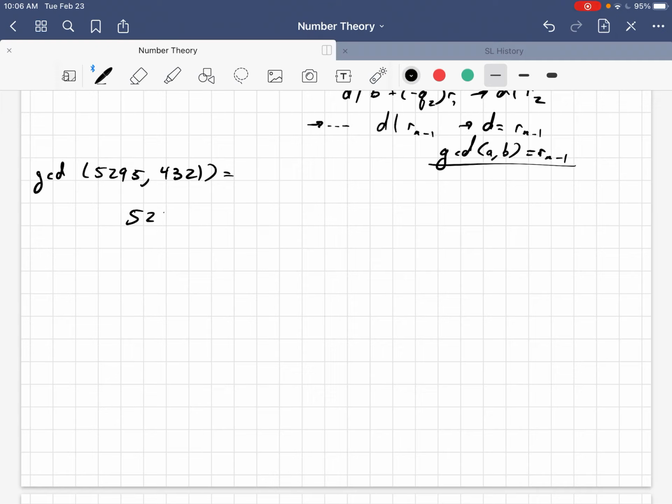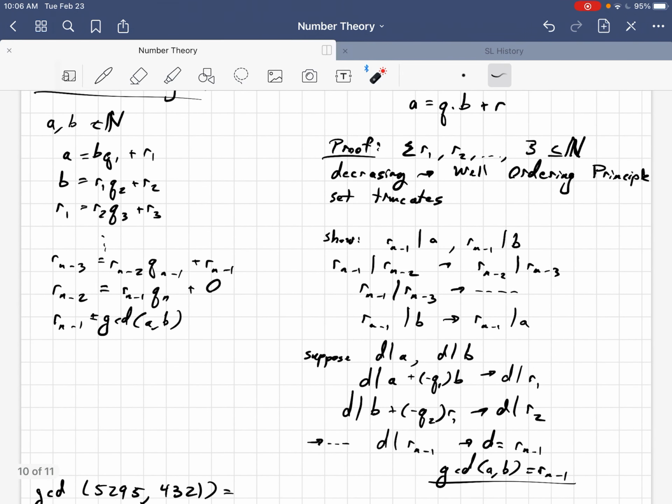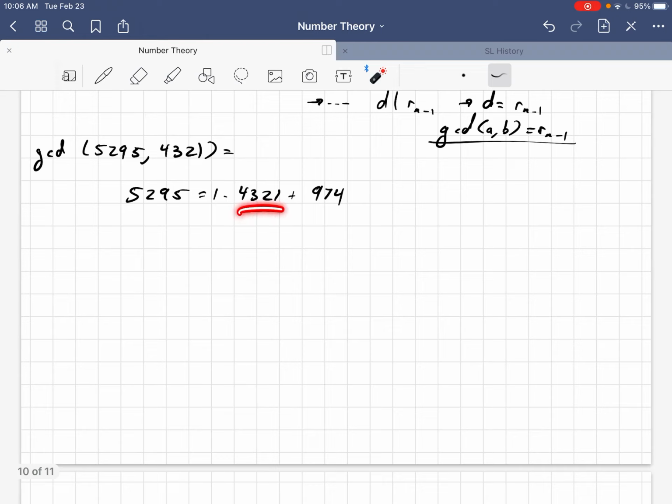We're going to say 5295 is going to be equal to 1 times 4321 plus 974. Okay, so I've broken A up into B times Q plus a remainder. Now I'm going to break up B, which is this 4321, into multiples of 974.